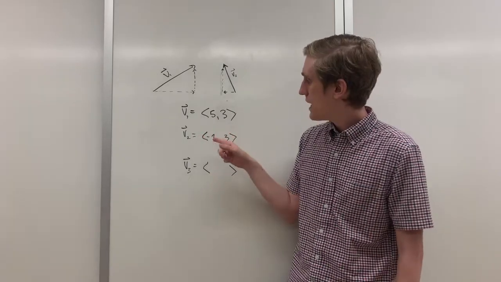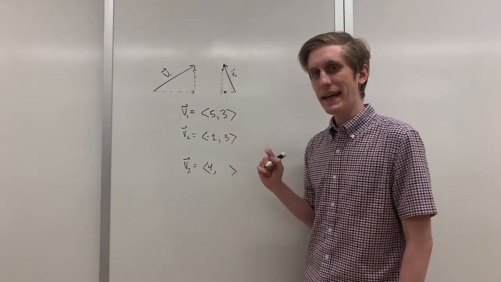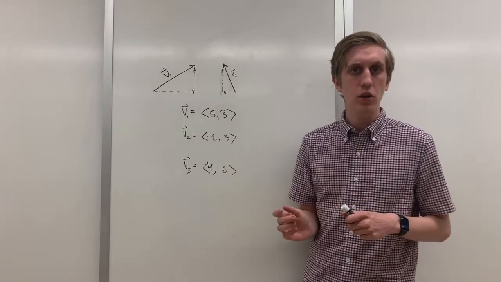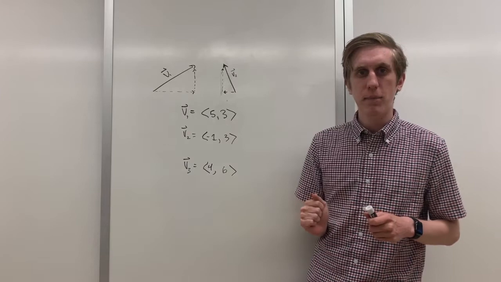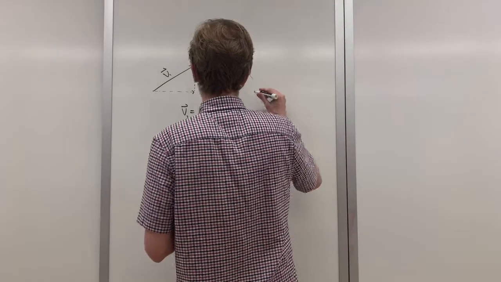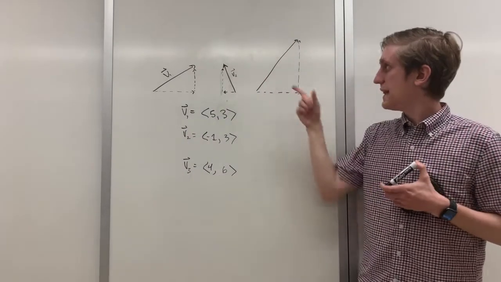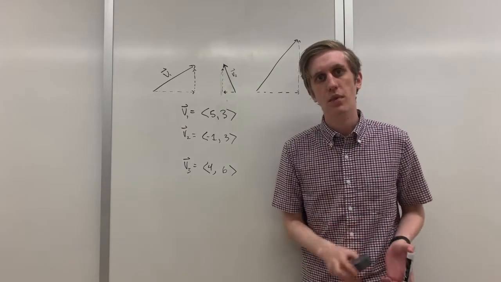So 5 plus negative 1 is 4, and 3 plus 3 is 6. We can now draw what this vector looks like. A vector with x component 4 and y component of 6 looks roughly like this. This is our resultant vector when we add these two vectors.